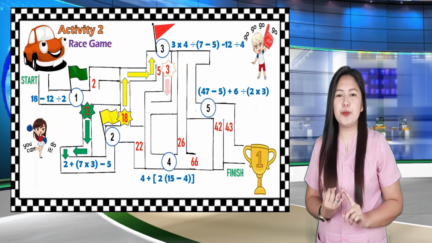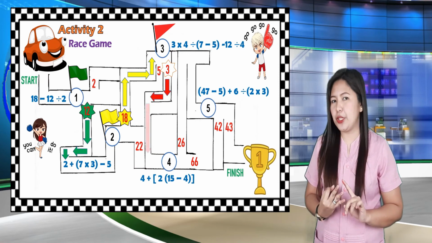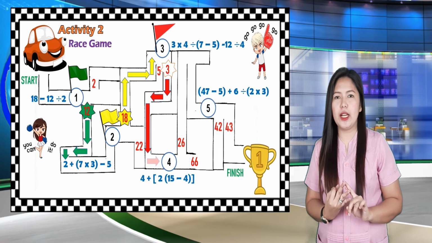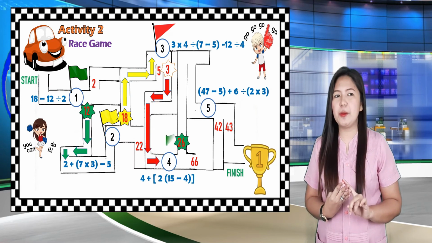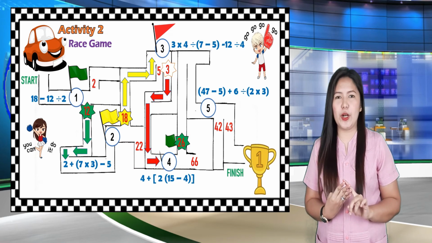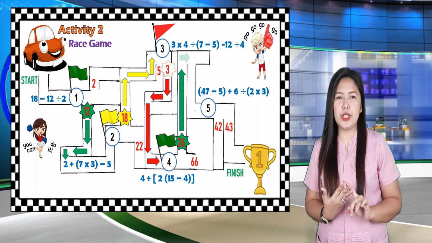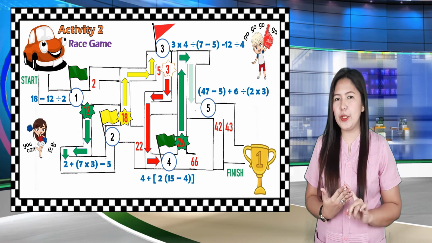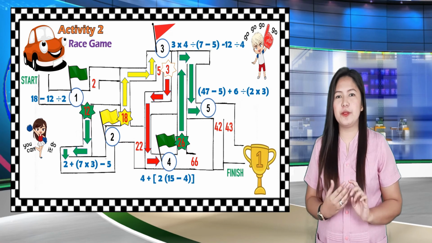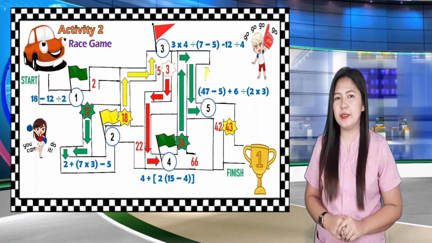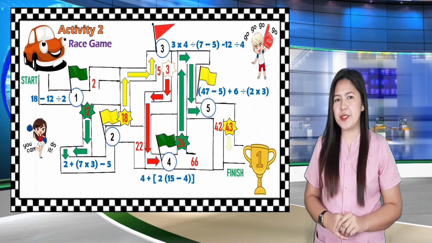Sa number 2, 15 seconds. Sa number 3, 20 seconds. Sa number 4, 25 seconds. Lastly, para sa expression number 5, bibigyan ko kayo ng 30 seconds para ito ay isolve. Are you ready, mga kids? The timer starts now.